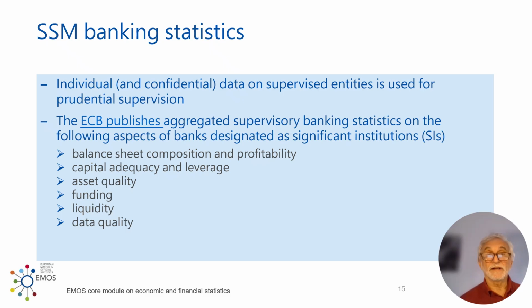And especially ECB is in charge of monitoring the 130 or so big banking groups in Europe, what we call the significant institutions. And so you need data on all these institutions, which is obviously very often very, very confidential because it's about the individual bank, but that is needed and that has to be collected.